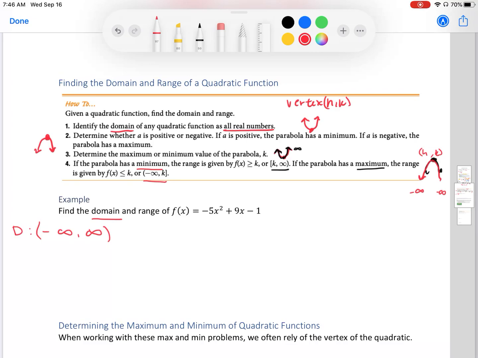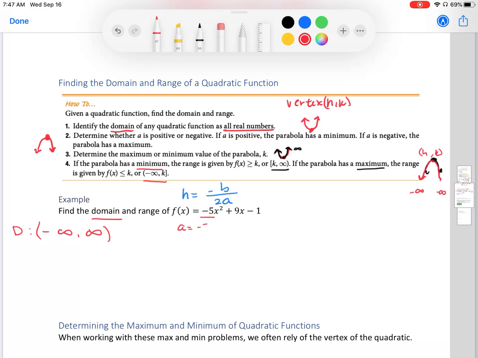I need to find my vertex because I need to find the k of my vertex. To find the k of your vertex, let's use our formula. We have h is equal to negative b over 2a. Now let's label our values.